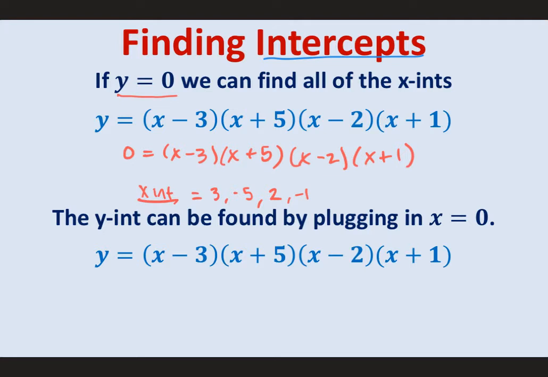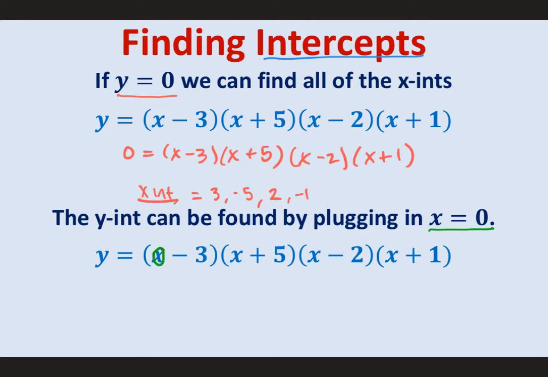Awesome. Now, the y-intercept is a little bit different. When we want to find our y-intercept, we're going to make x equal 0. So what that means is we're going to plug in 0 for all of our x's and then see what happens.